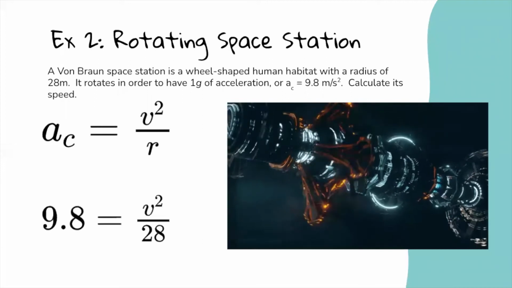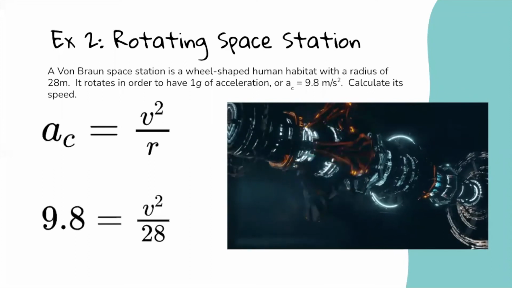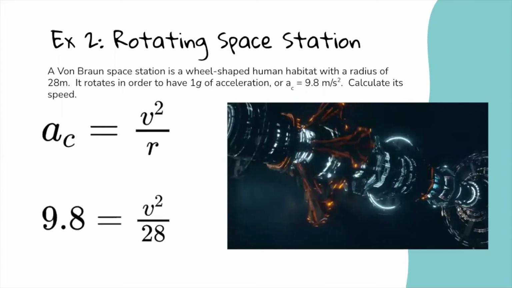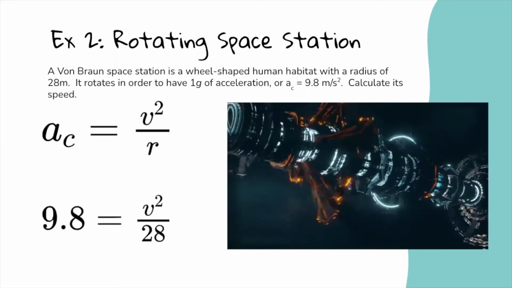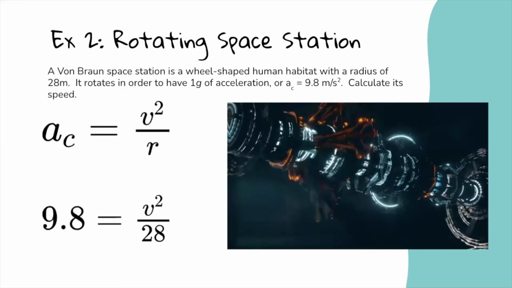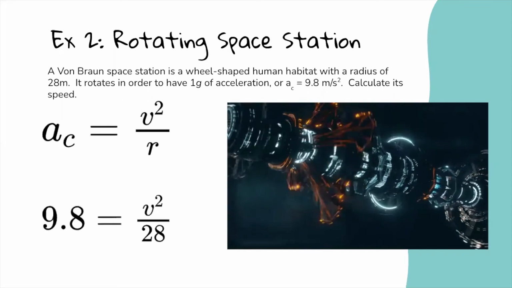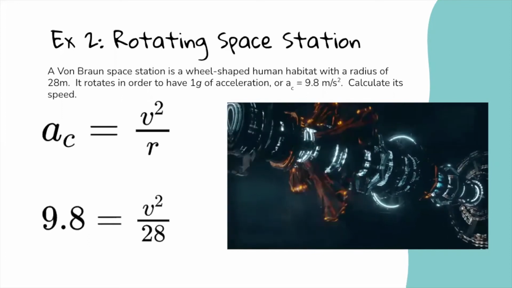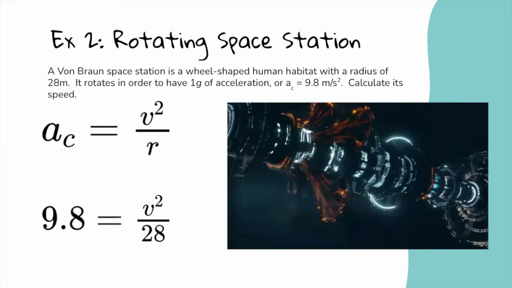All right, choices here. Is it a speed of 16.5 meters per second? Is it a speed of 87.4? 244 meters per second? Or none of the above? If it's D, none of the above, is it impossible to calculate speed without time? Pause this video and calculate it out for me.